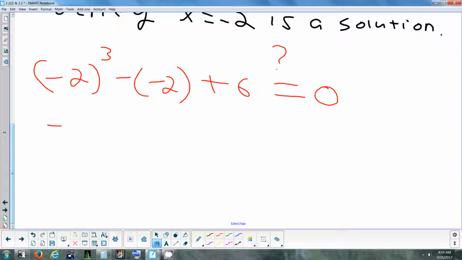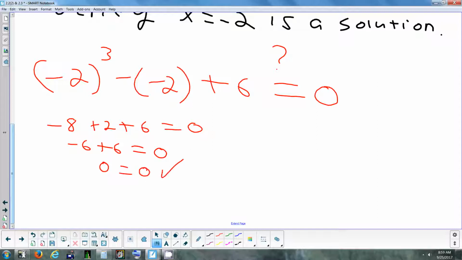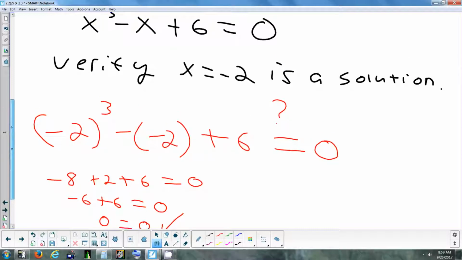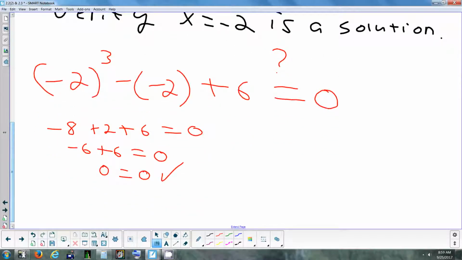Yep, negative 8. And Dylan, minus negative 2 would be plus 2. It becomes a plus 2. And then if I simplify, negative 8 plus 2, negative 6. And now I think we can see 0 equals 0. So we ended up with a true statement, which means negative 2 is a solution to that.